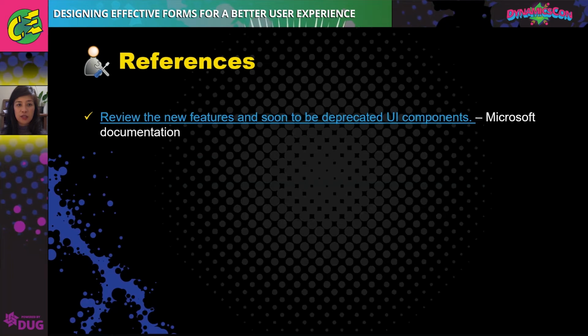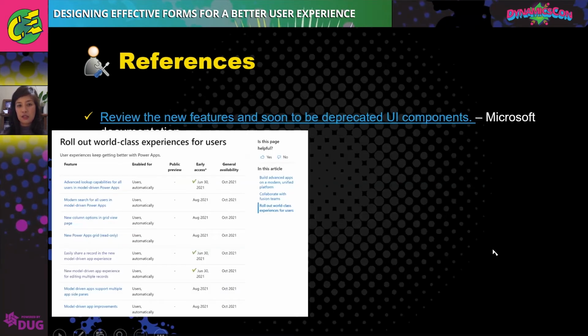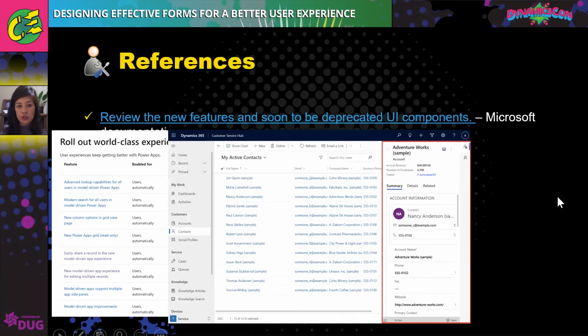And the last one for the references is do review the new features and soon to be deprecated UI components on the Microsoft side. I'm just listing down here the Wave 2 2021 new features that will be coming soon.